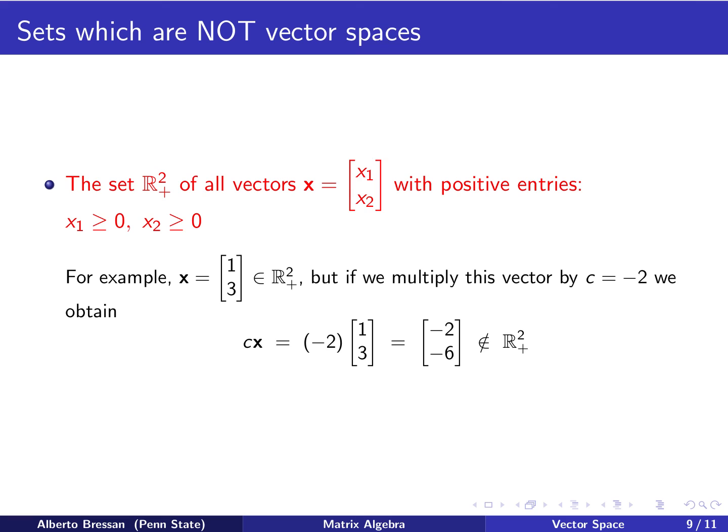This cannot be a vector space because it fails the scalar multiple test. Let's say you have x equal to (1, 3), both elements positive. Then we multiply this by any real number. Let's pick a negative real number. When we perform this scalar multiple, we get a vector with negative elements, which is not in our set. Okay?